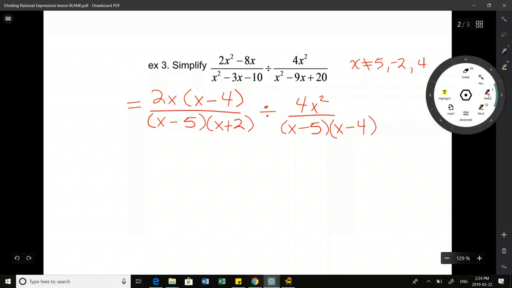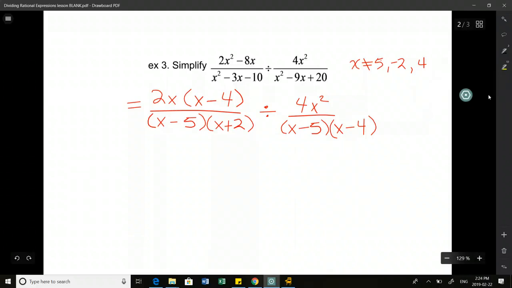No, you can have it slanting left or slanting right. It shouldn't matter. Okay, so my initial restrictions are done.